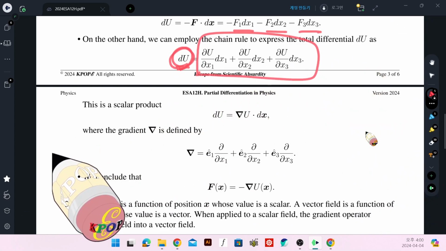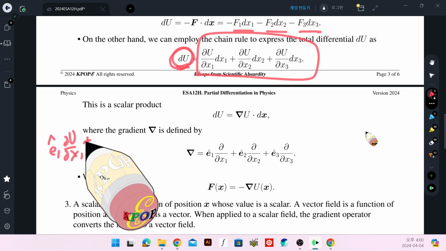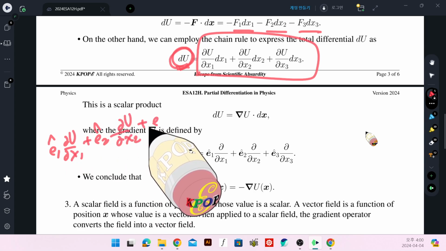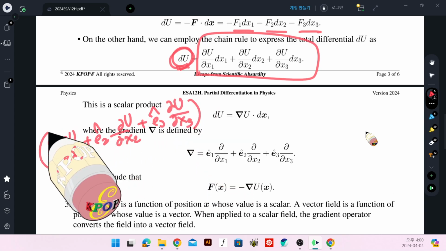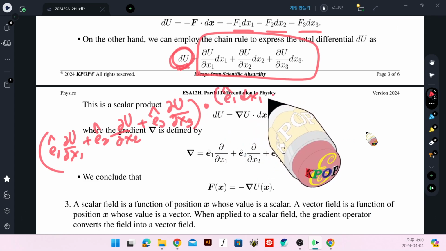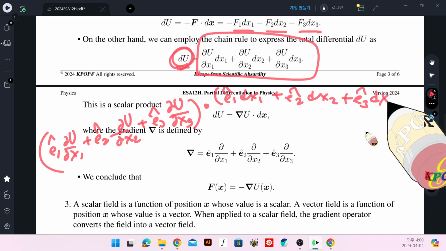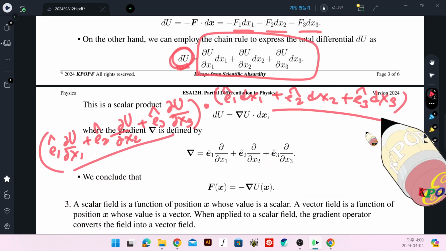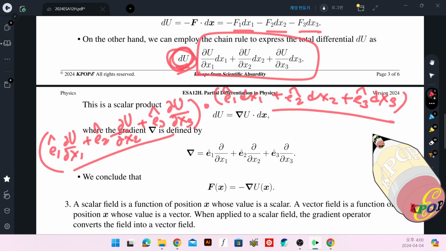One is e1 hat derivative of u with respect to x1, e2 hat derivative of u with respect to x2, e3 hat derivative of u with respect to x3. The scalar product with the differential e1 hat dx1, e2 hat dx2, and e3 hat dx3 leads to the total differential of the potential energy.